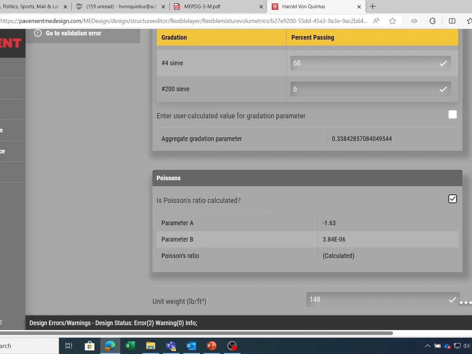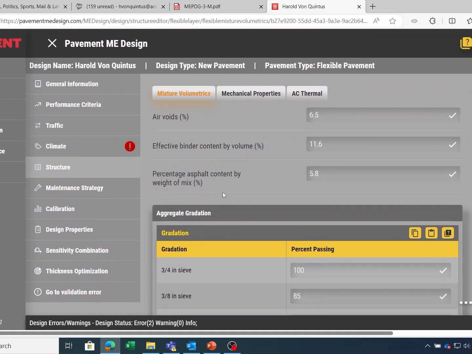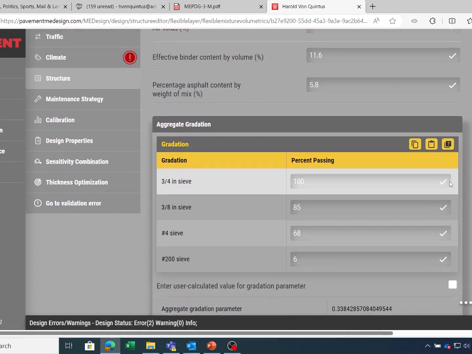It's generally recommended to let the program calculate Poisson's ratio because Poisson's ratio is a function of temperature and stiffness of the mix, and the unit weight of the asphalt mixture itself. So all of these are required for the wearing surface.